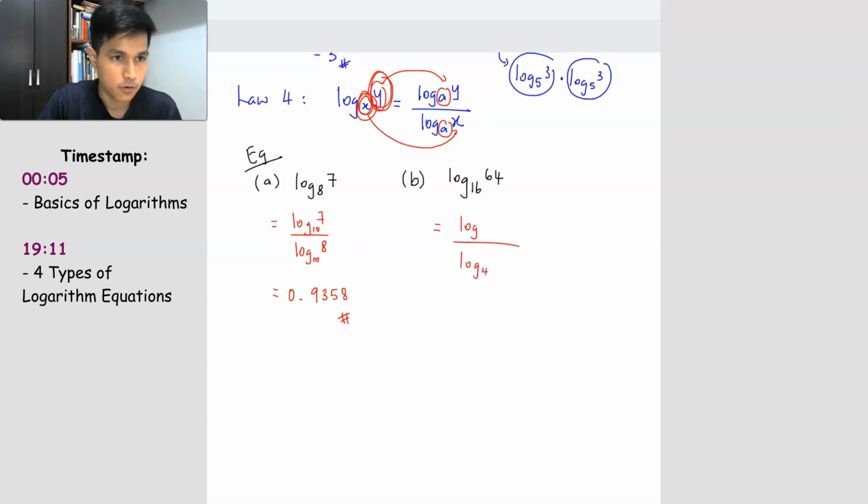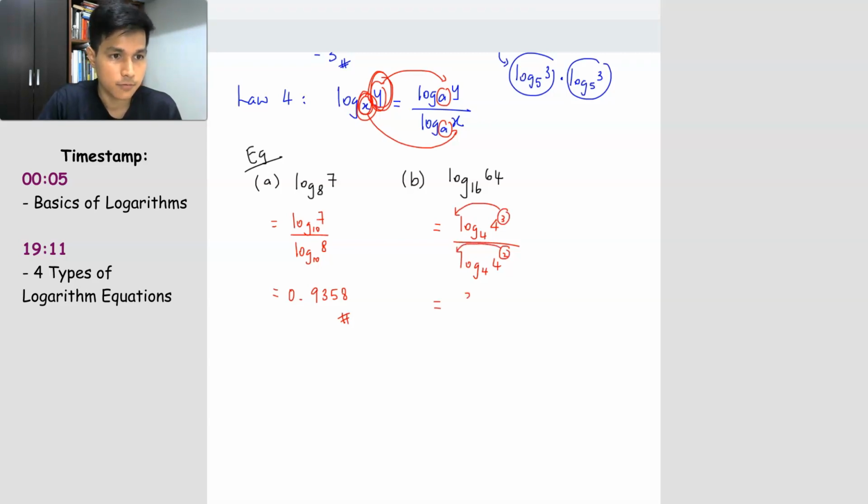So log base 4, log base 4. On top here will be 64, but I don't have to write 64, because I can change 64 into 4 power 3. Then 16 is at the bottom, but I don't have to write 16. I can write 4 power 2. So this 3 we can bring to the front, and this 2 we can also bring to the front.